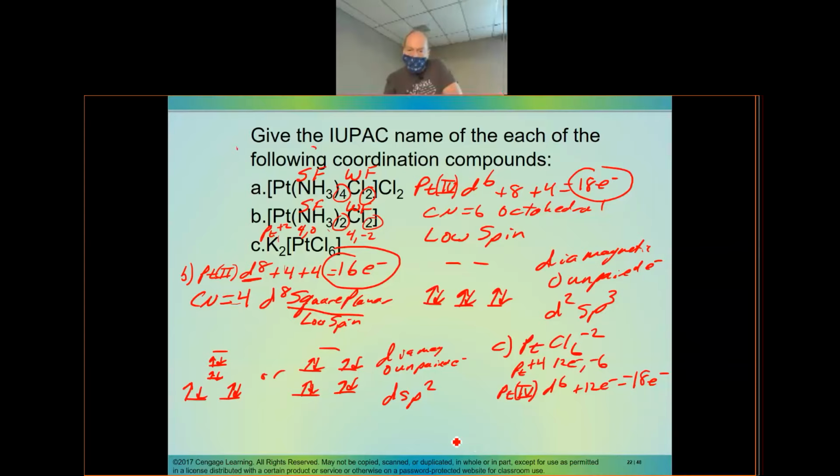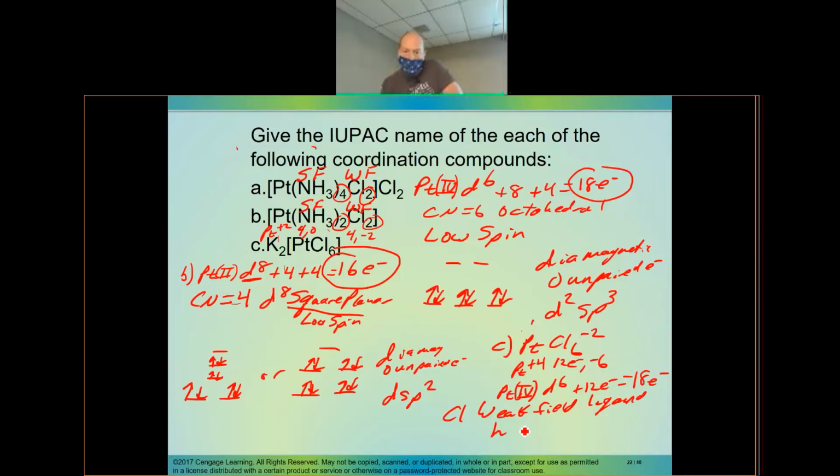Now we look at our ligands. They are all chlorines. Chlorine is a weak field ligand. It is the only ligand, 6 chlorines, so it's going to be high spin.